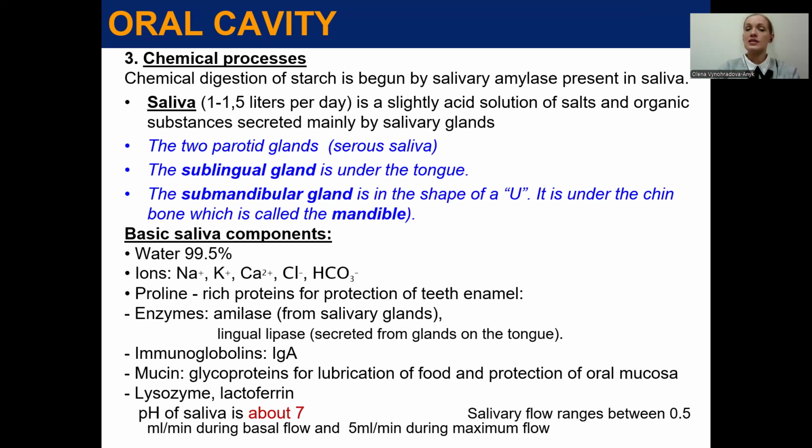Okay. Immunoglobulins A for protection, and mucin is released here. Mucin is a glycoprotein for lubrication of food and protection of the oral mucosa. Lysozyme and lactoferrin. Lysozyme is a high level of protection from bacteria. And normally the pH of saliva is about 7.